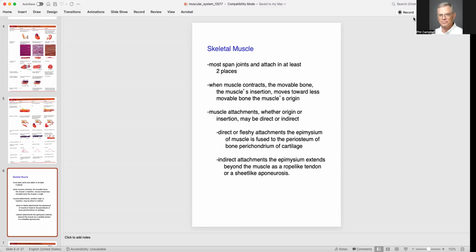Tendons consist of primarily collagen type 1, but other collagens as well. And so the muscle then transitions to a tendon, and the tendon then transitions to bone. Now, these tendons, everyone's heard of them. You've heard of the Achilles tendon, right? That's the attachment between the three muscles of my calf and my calcaneus, which is my heel bone.